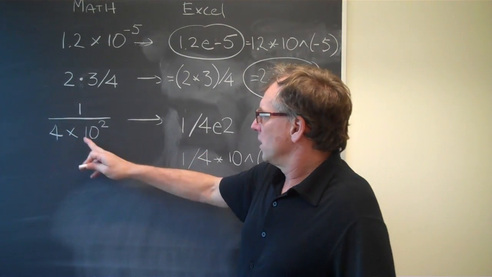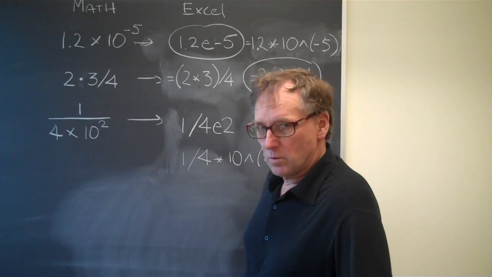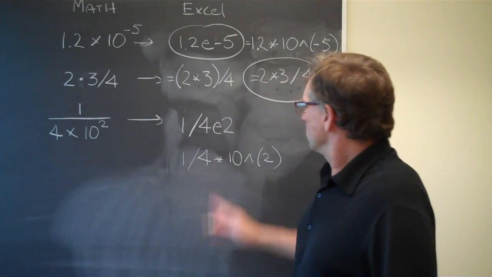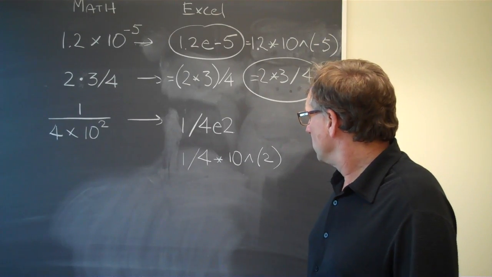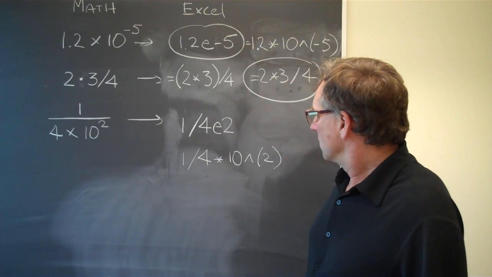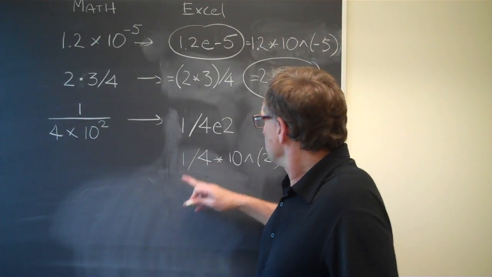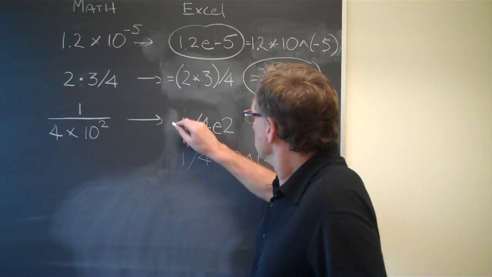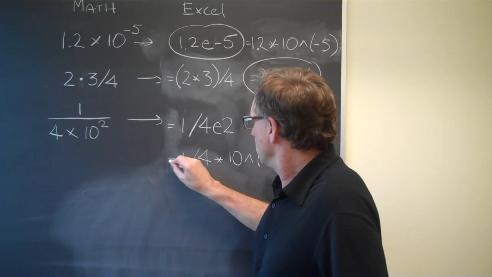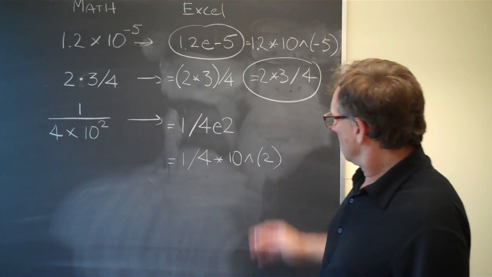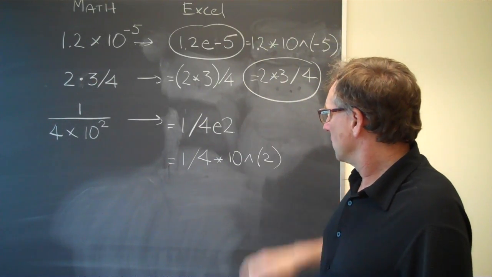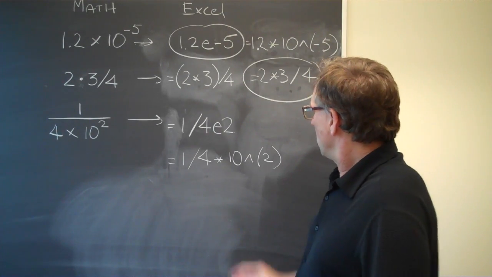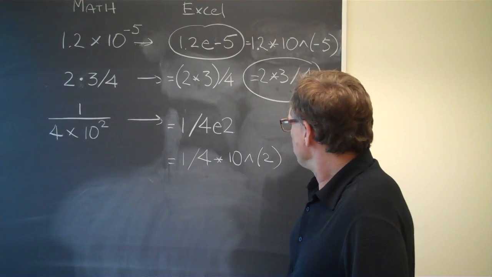Here's another example, 1 over 4 times 10 squared, 1 over 400. Here is one possibility. Which one do you think would be better here? Well, in fact, both of them are not quite right, because since I have an operation, I need to put an equal sign in both of them. On the outset, this one looks a lot simpler than this one, so I tend to prefer this one, 1/4e2.